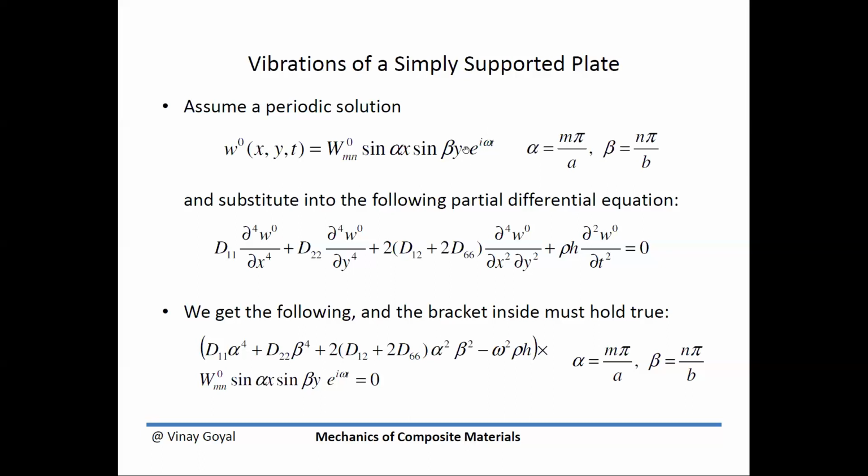So by doing so, now I can substitute this expression into the partial differential equation. And when I do that, you will notice how e to the i omega t, if I take 4 derivatives of this whole expression with respect to x, acts like a constant.